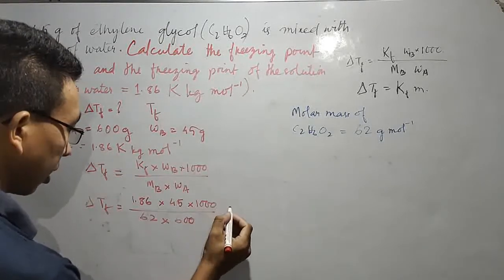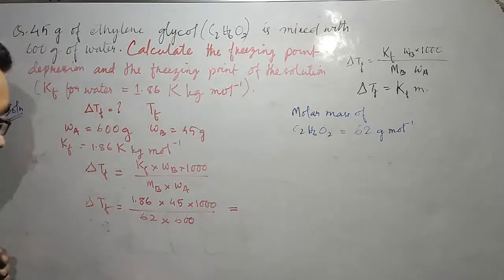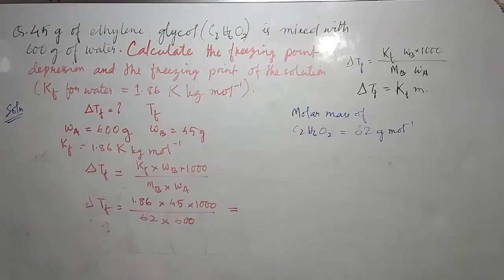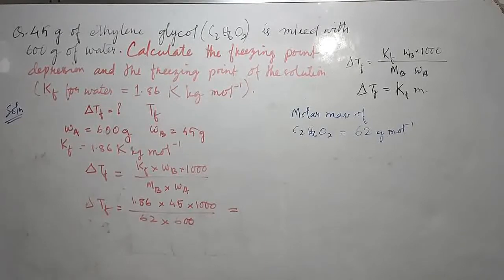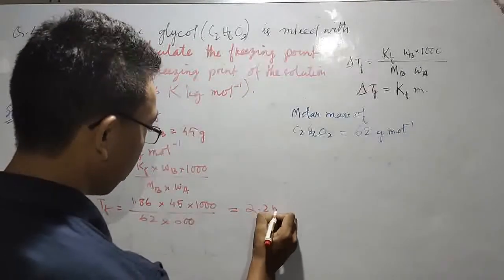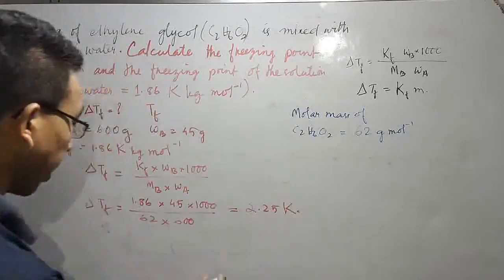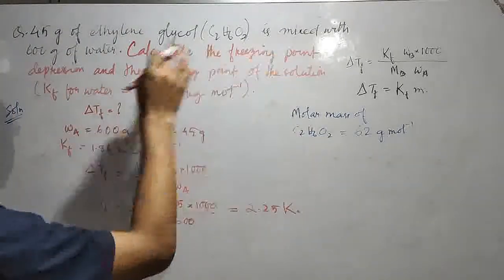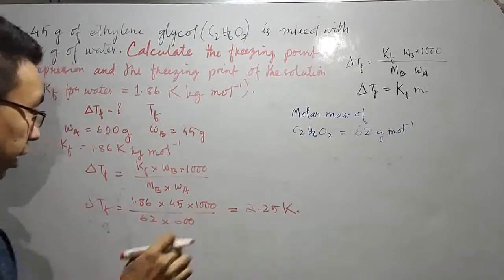On calculating this, we get around 2.25 Kelvin. Hence the freezing point depression is 2.25 Kelvin.